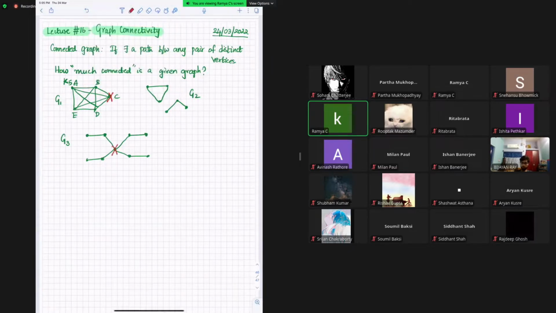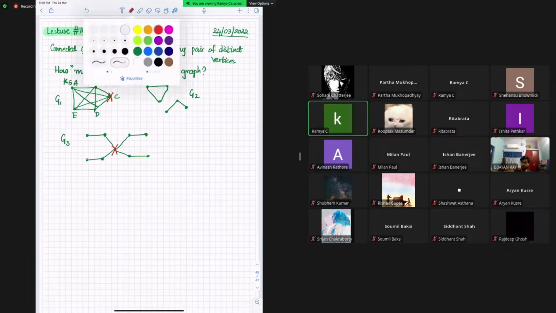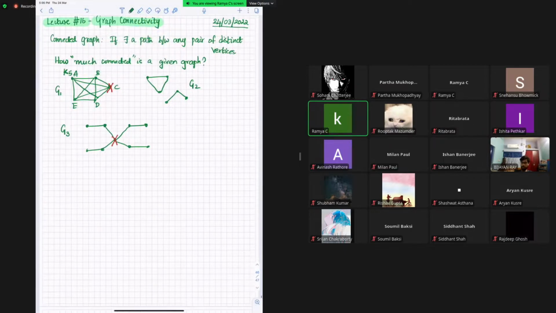So now we can no longer transmit packets, right? This vertex was quite important, in the sense that if you remove this vertex, then the graph gets disconnected. Whereas in this graph, no matter which vertex you remove, the graph will still remain connected. That is what we mean by how much connected a graph is.